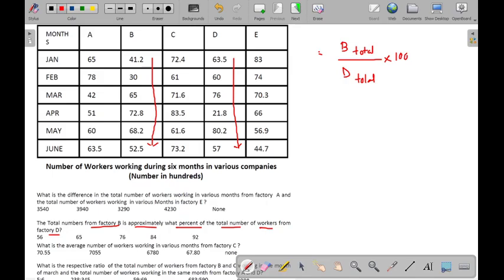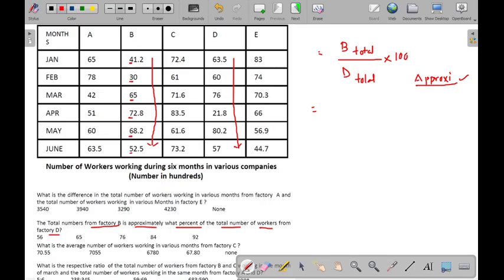Very easy question. We will approximate. How we will approximate? Please pay attention. Just take the first values, 4, 3, 6, 7, 6 and 5.